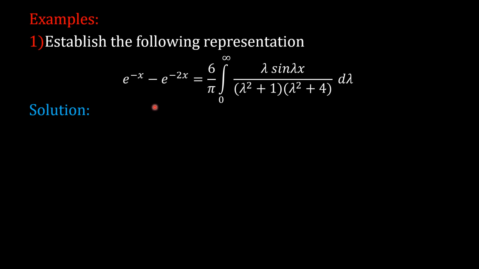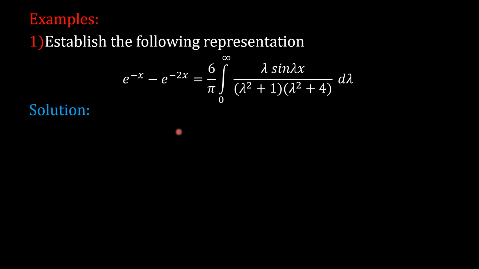See, to establish this representation, what we have to observe is which trigonometric function is present in the integral on the RHS, whether it is the sine function or the cosine function. Depending upon that, we are going to evaluate the corresponding Fourier transform. On the right hand side, the sine lambda x function is present in the integral.